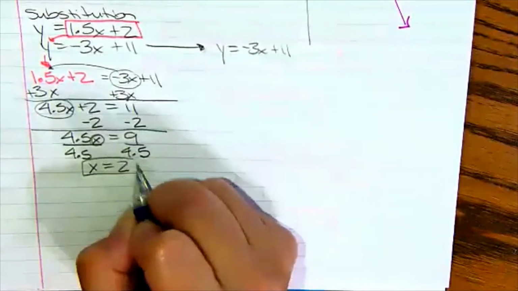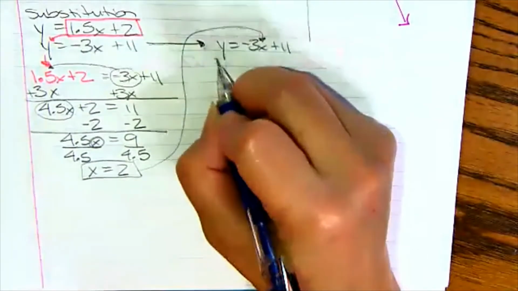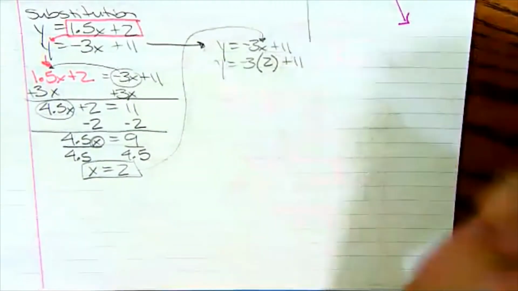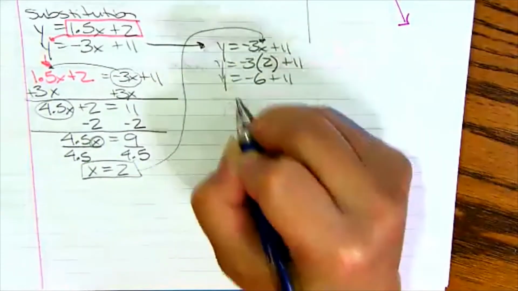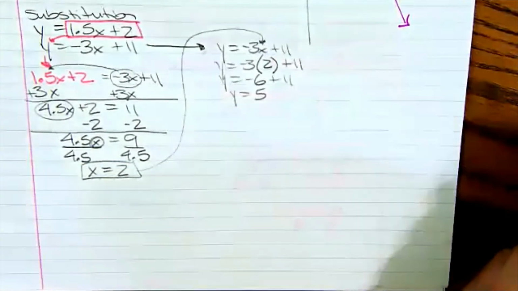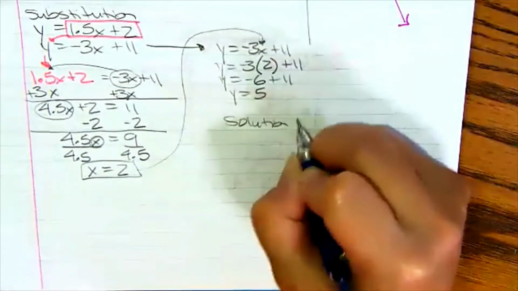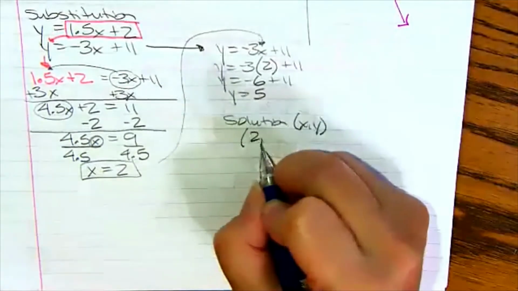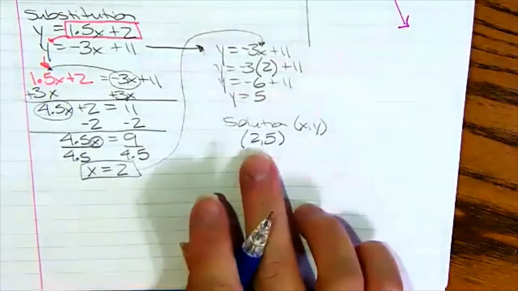I'm going to take x equals 2 and substitute it right here. y equals negative 3 times 2 plus 11. y equals negative 6 plus 11. y equals 5. So my solution is always x, y. My x is 2 and my y is 5. So my solution is 2, 5 again.